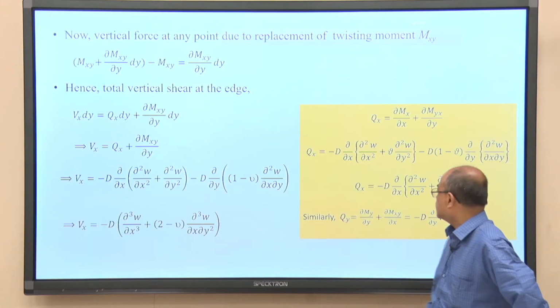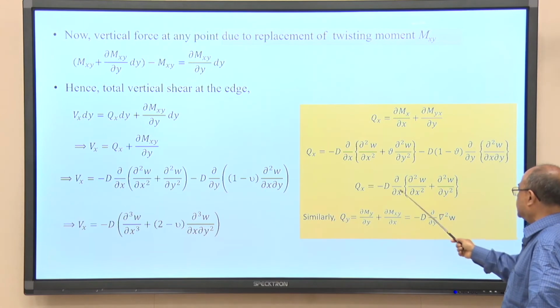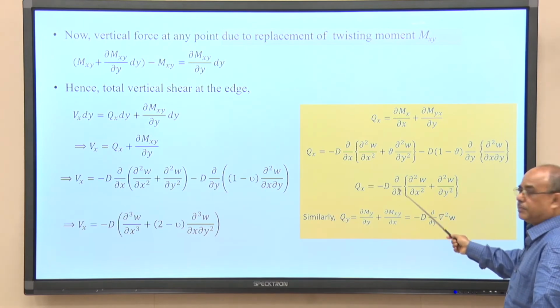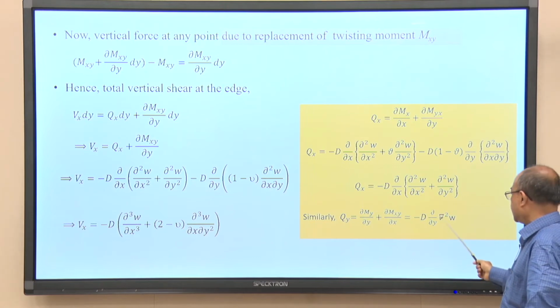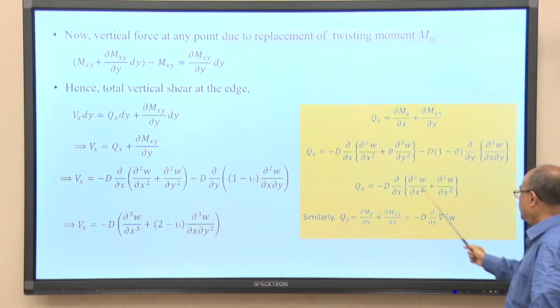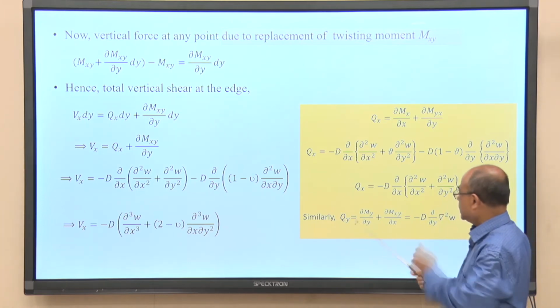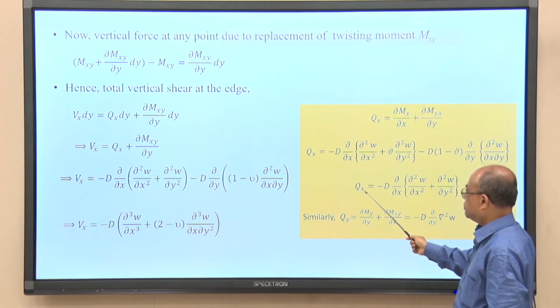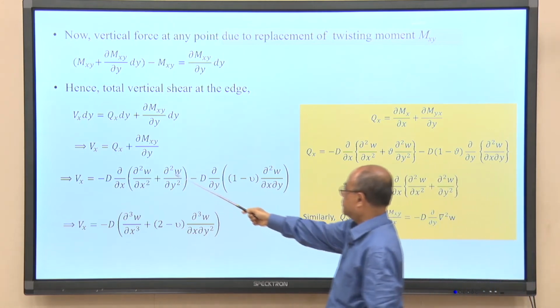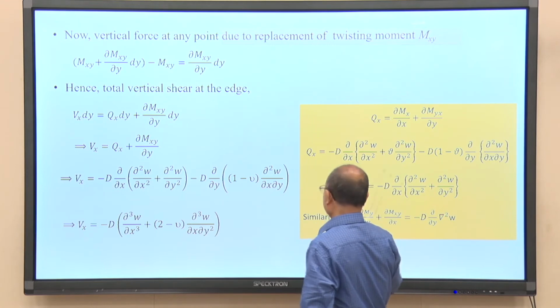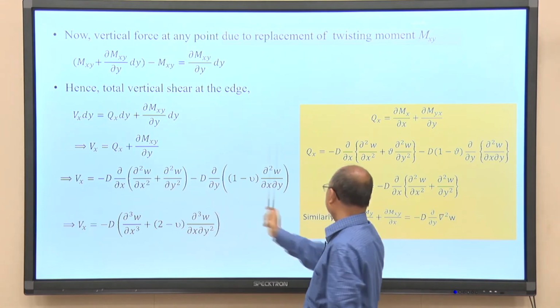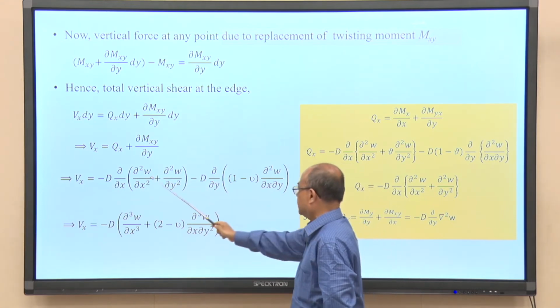So, we can now say that q x is nothing but minus D del by del x into del square, this is the Laplacian operator, into w, and for q y the derivative has to be taken with respect to y. So, once we know the expression for q x, substitute it here, from here to here.